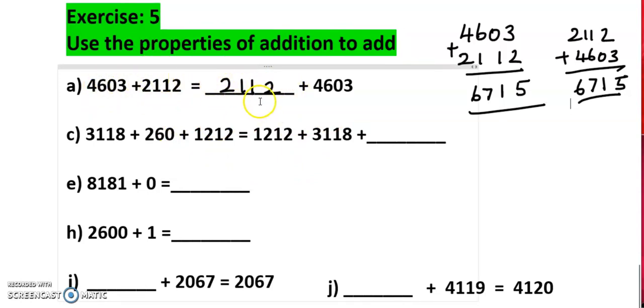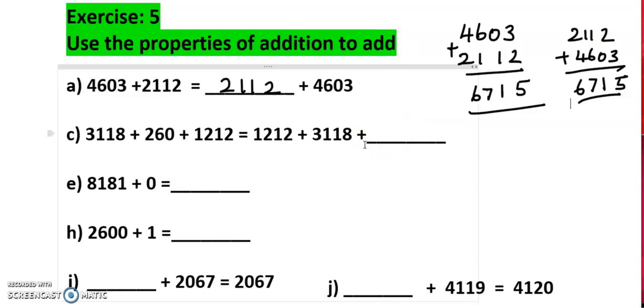Next sum. 3118 plus 260 plus 1212 equal to 1212 plus 3118 plus dash, they have given. Here, how many numbers have they used? On the left hand side they have used 3 numbers, and on the right hand side 2 numbers, so one more number we are going to find out. Three numbers can be added in any order.